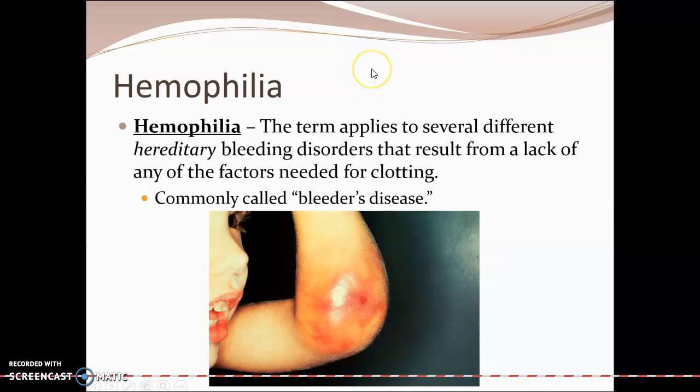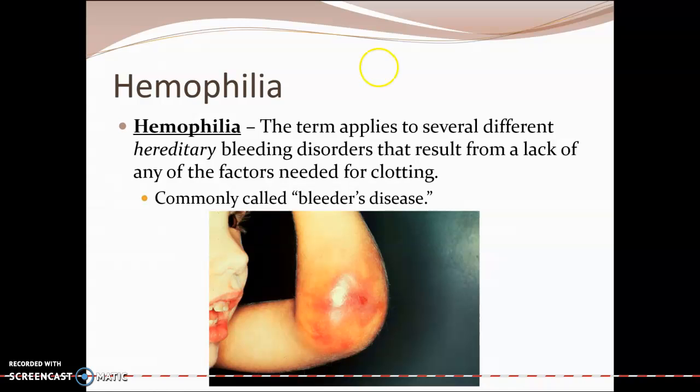Hemophilia. Most of you have probably heard this word at least. The word technically means blood lover, or a condition of loving blood, which is kind of silly to think about. The reason for that name is that these people have great difficulty stopping blood flow.